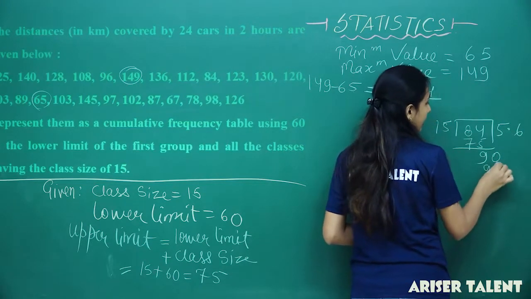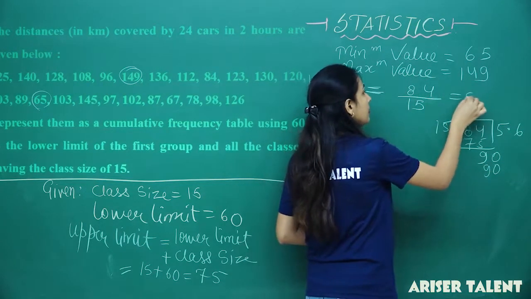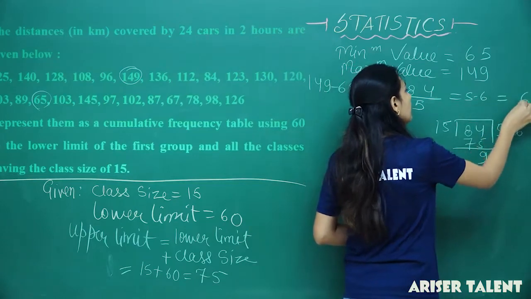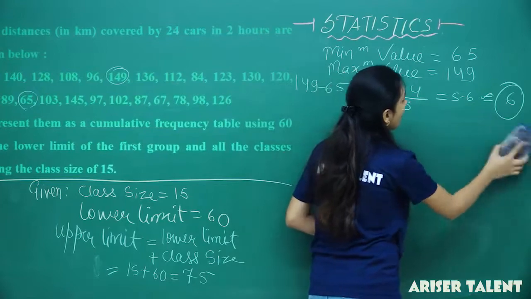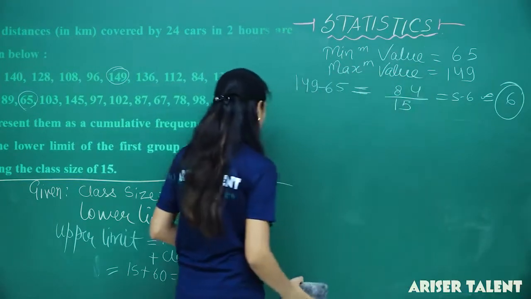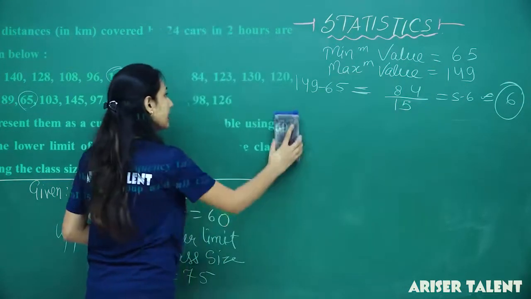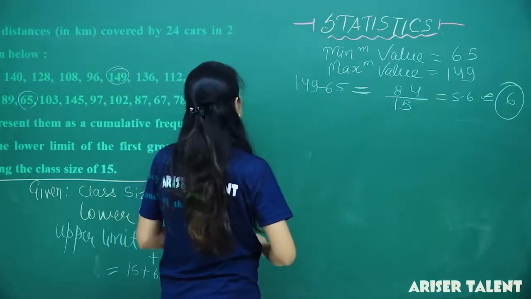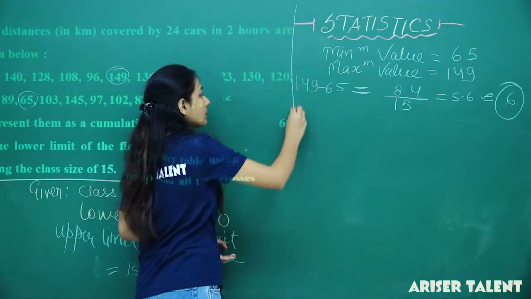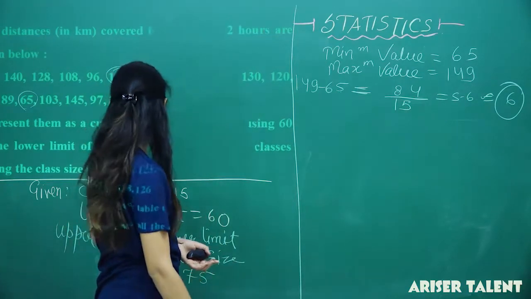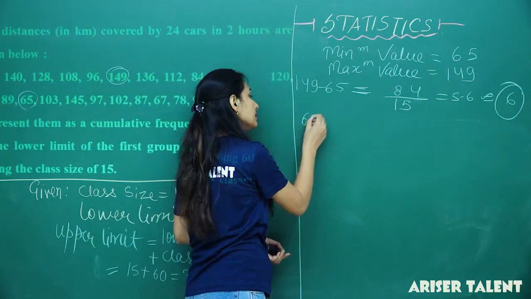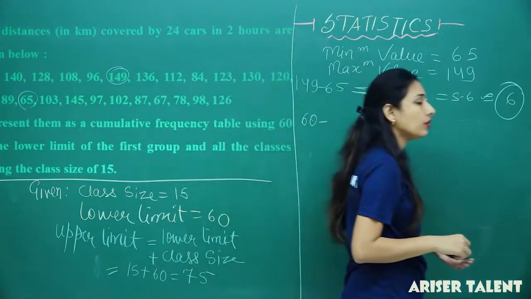So 5.6, that means we'll take the whole number 6, right? So we'll be having 6 classes. Okay, if we are having 6 classes, so we'll start with the 60, isn't it? Note it.